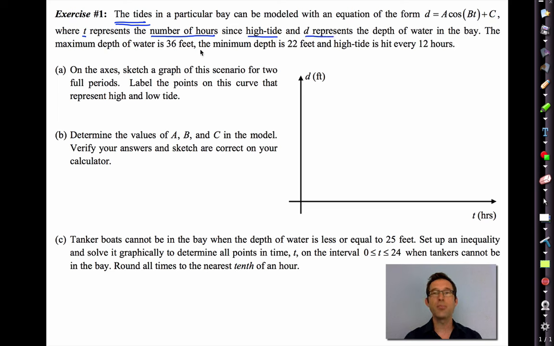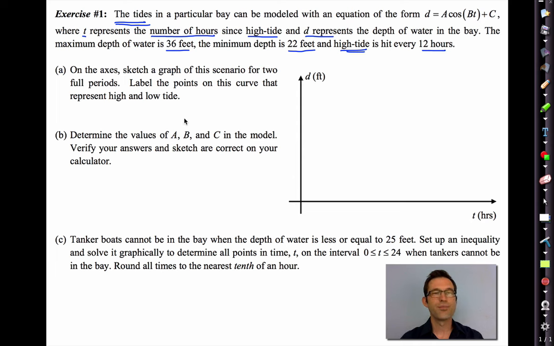So the input is the number of hours since high tide, since the depth is as great as it's ever going to be, and d, the output, represents the depth of the water. The maximum depth of the water is 36 feet, and the minimum depth is 22 feet. High tide is hit every 12 hours.